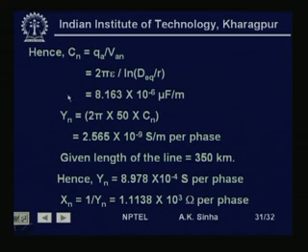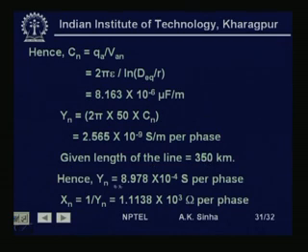We can find out the charging admittance of the line to neutral, which will be equal to twice pi f into Cn. After substituting the value, we get this as equal to 2.565 into 10 to the power minus 9 Siemens per meter per phase.